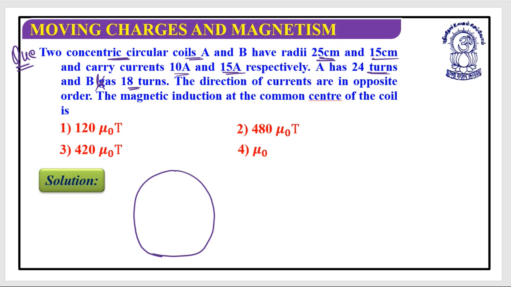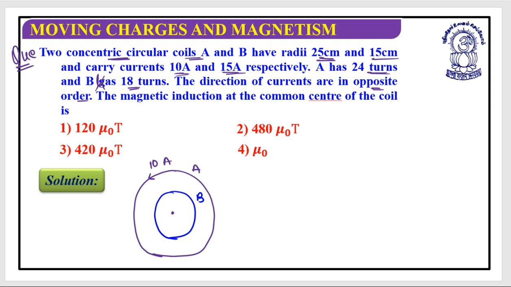This is coil A and this is the center. This is coil B and they have a common center. Coil A has a current of 10 ampere and coil B has a current of 15 ampere, but both are flowing in the opposite direction.